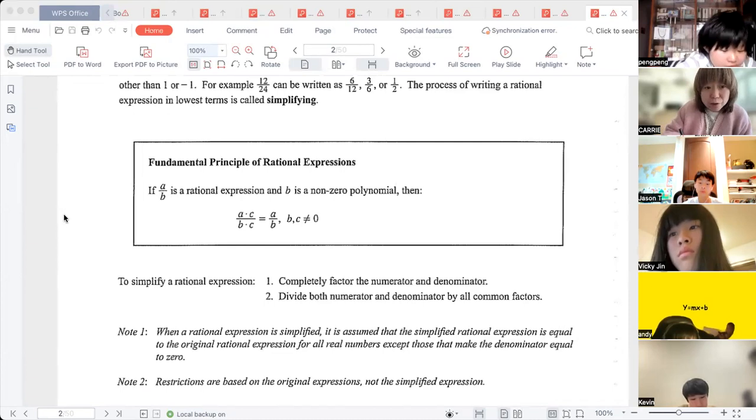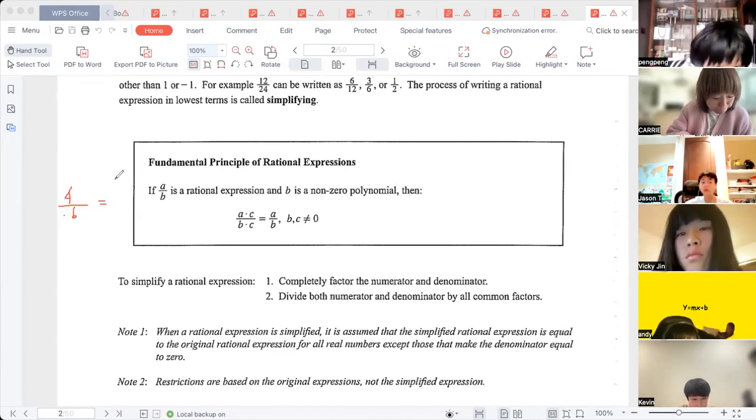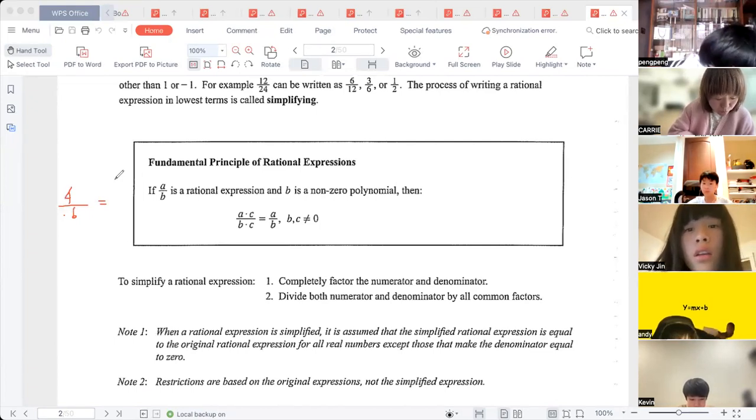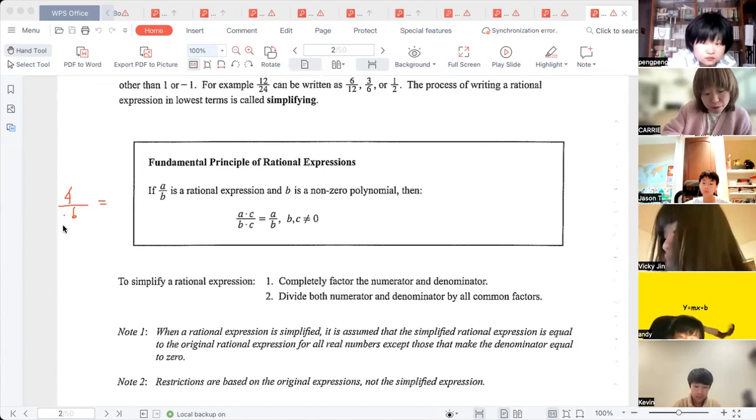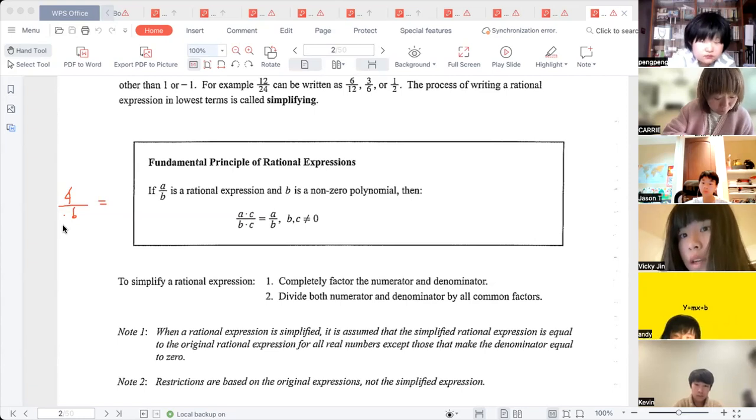Before, we have learned that 4 over 6 equals what, Vicky? It's 4/6 equals what? 2/3.